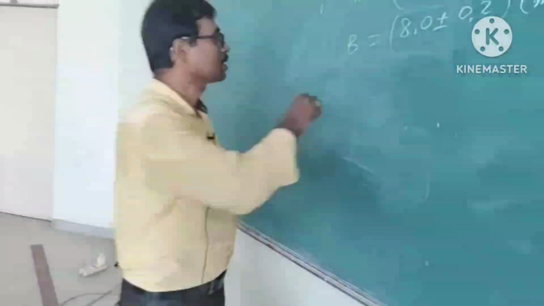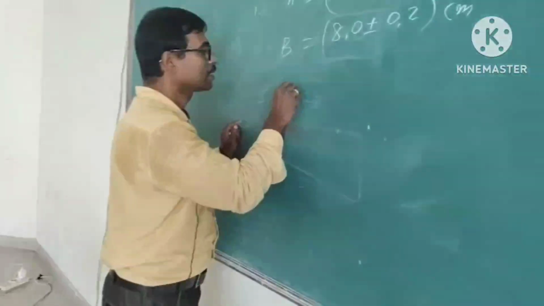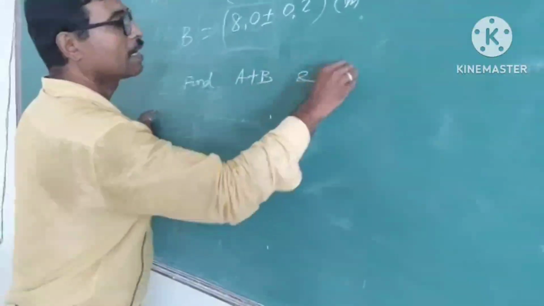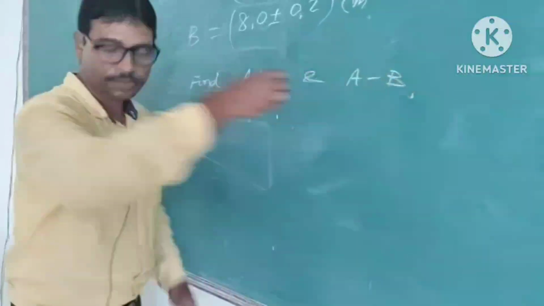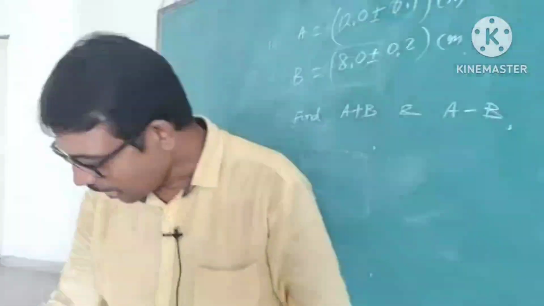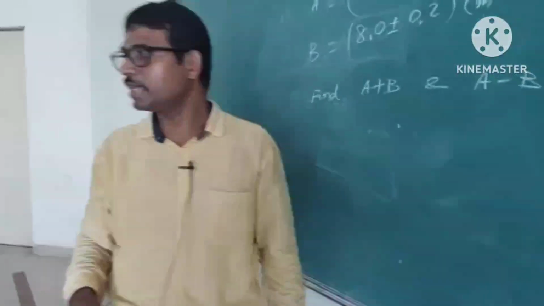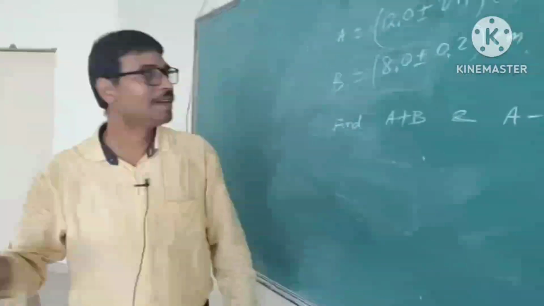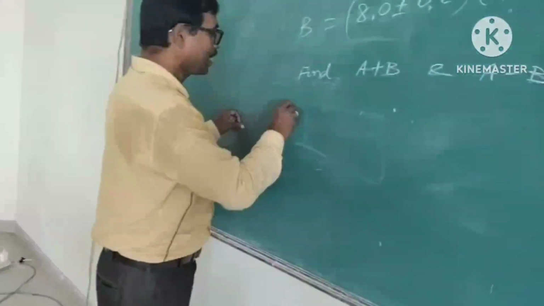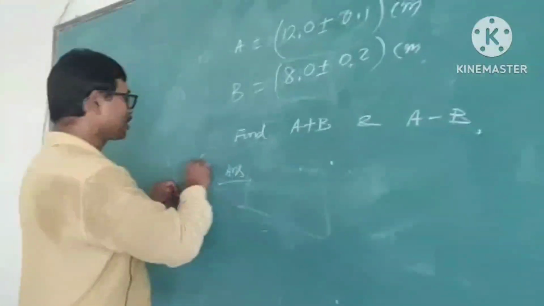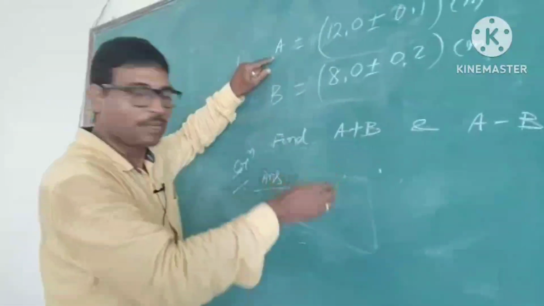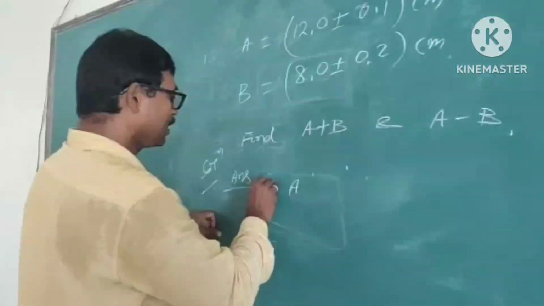What is the question? Find a plus b and a minus b. Very simple. Answer or solution. What is given? You write a in this way.